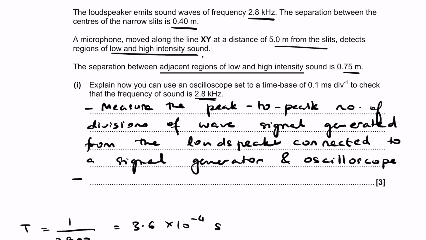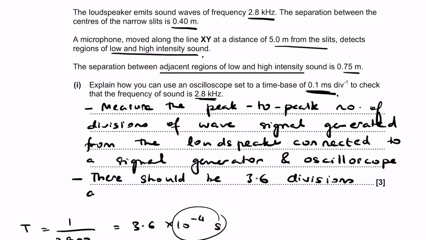And obviously this is 0.1 milliseconds. So there should be 3.6 divisions, as each one is 0.1 millisecond.